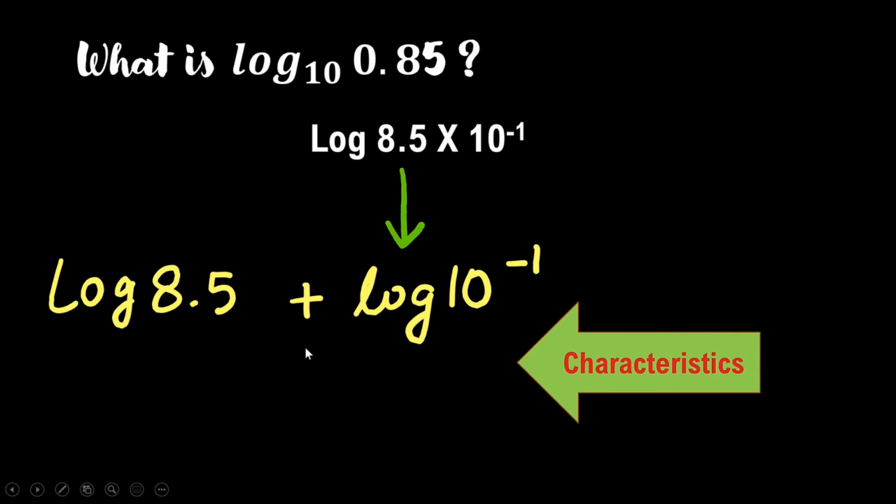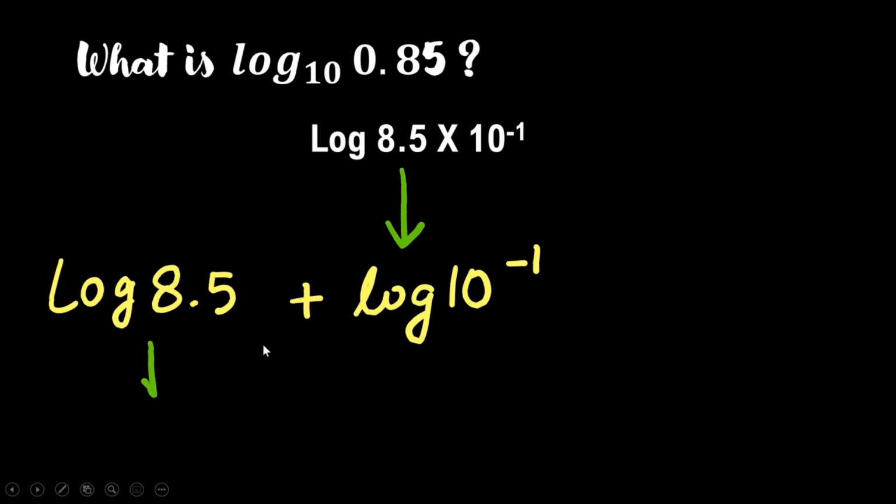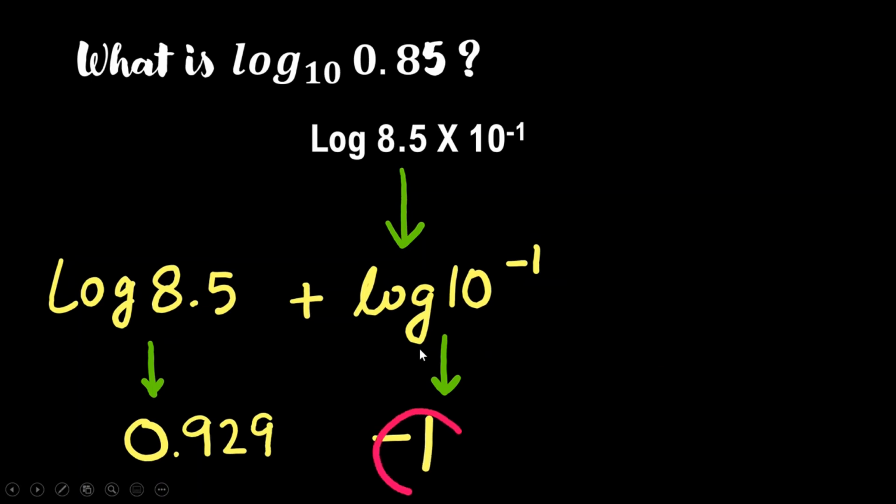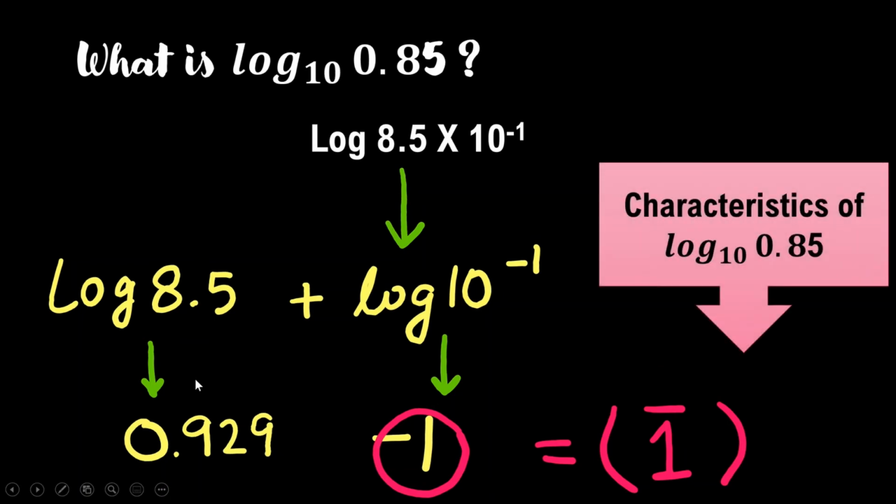Log of 8.5 we can calculate with the help of a calculator, and it is 0 point something, whereas log of 10 to the power minus 1 is minus 1, which is an integer value. Whatever the exponent of 10 is, that becomes the characteristic. We can also write this minus 1 as 1 bar. So this 1 bar is the characteristic.